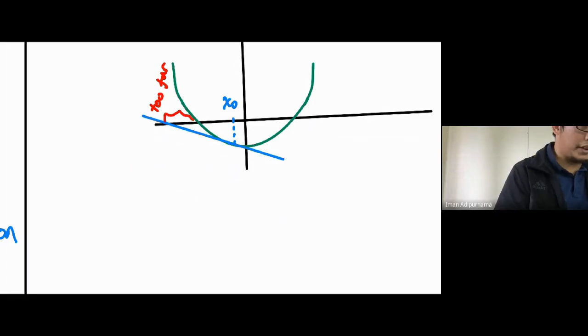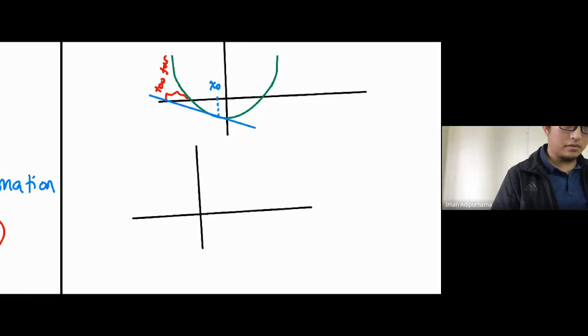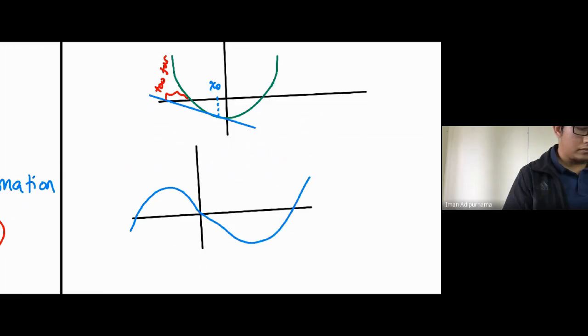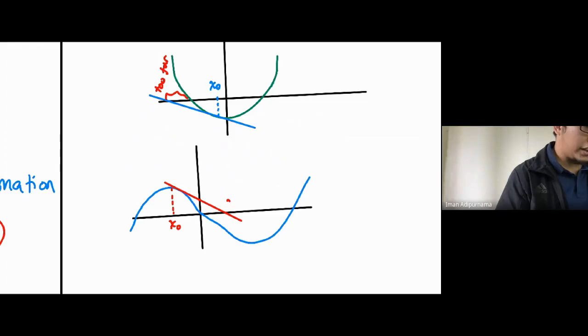Also, another failure will be: you start from maybe here, the x0. And you get x1.